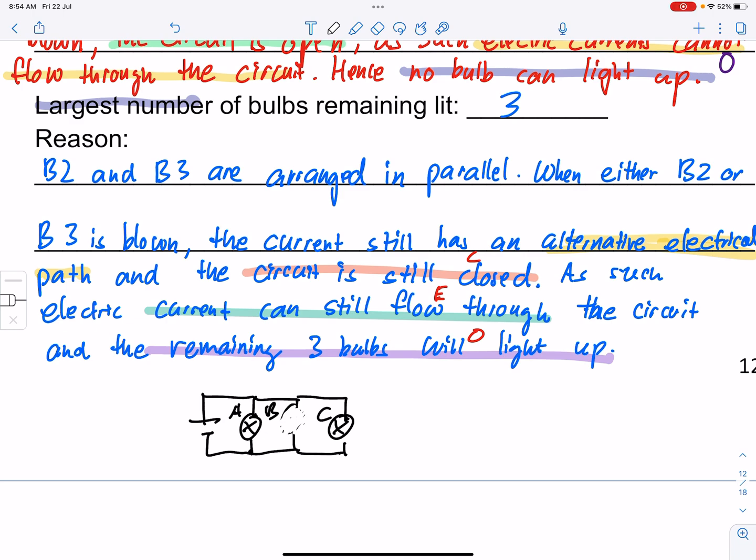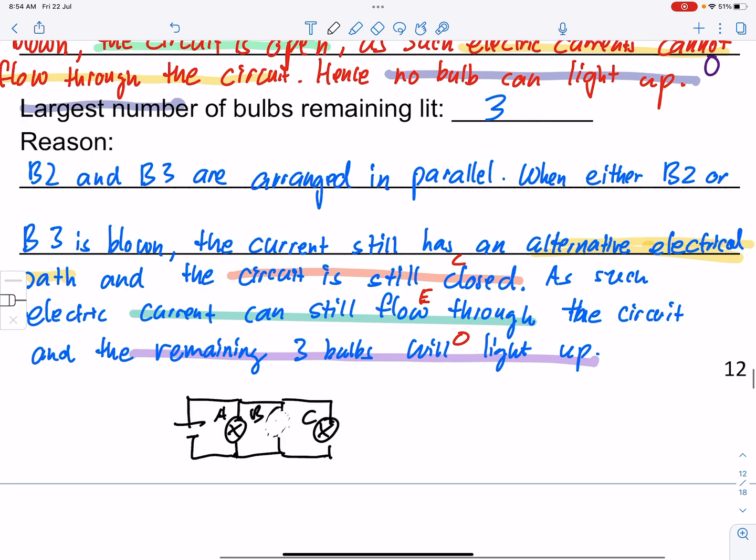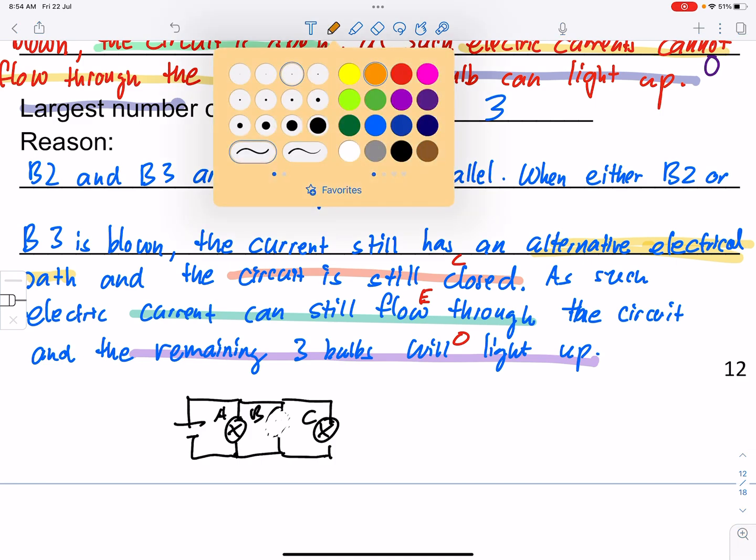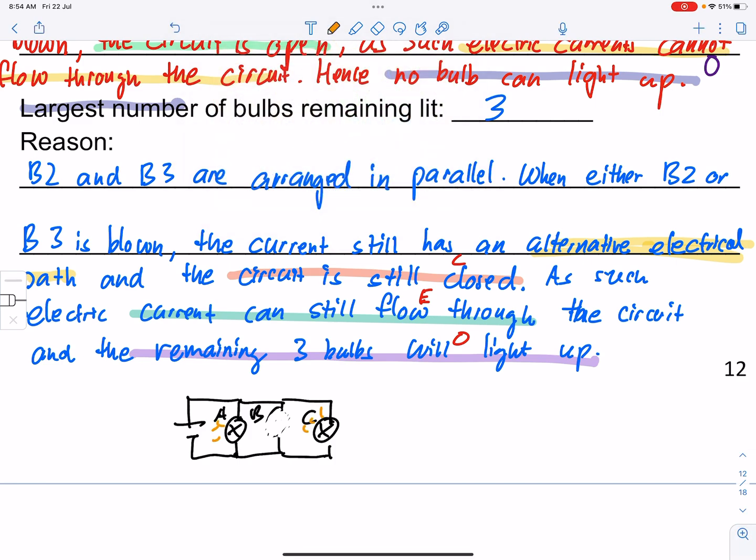Why? Because bulbs A, B, and C are arranged in a parallel arrangement, electric currents still have alternate electrical pathways, and the circuit still remains closed for bulbs A and C. To be very explicit, tell me for which bulbs. So then electric currents can still flow through the circuit, and bulbs A and C will remain lit up. So this is very important for explaining parallel arrangement.